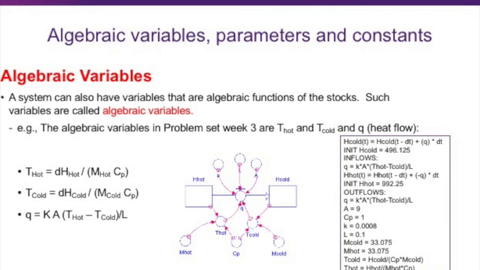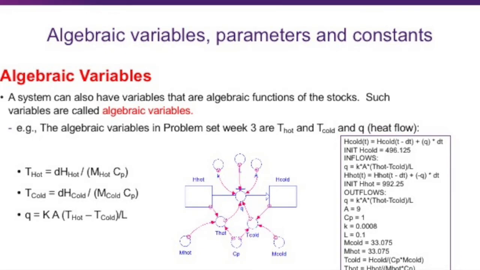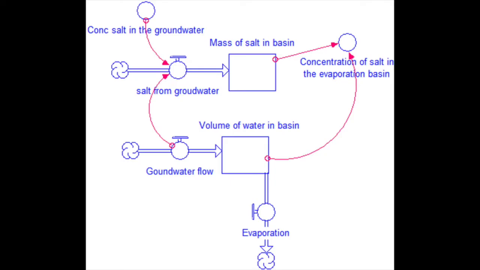We have the inflows, and then the calculation of the algebraic variables that are actually at the bottom, also aside of the heat transfer, which include the temperature of the cold body and the temperature of the hot body.